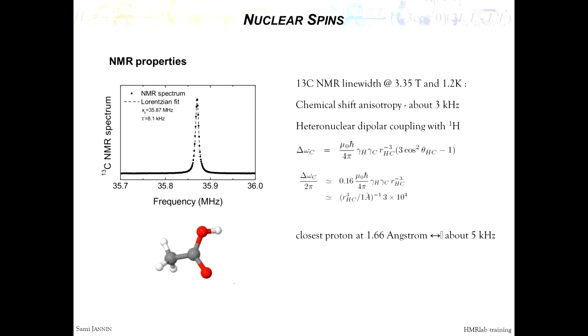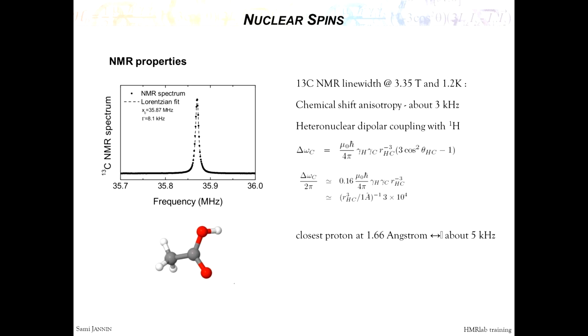The C13 NMR line has a width of about 10 kilohertz, or 8 kilohertz, which comes partly from the chemical shift anisotropy. So the frequency depends on the orientation of the molecule. There is an anisotropy, like the g anisotropy of the electron, but called chemical shift anisotropy, which is a few kilohertz. And there are also dipolar couplings with the other carbon-13s and with the protons around.